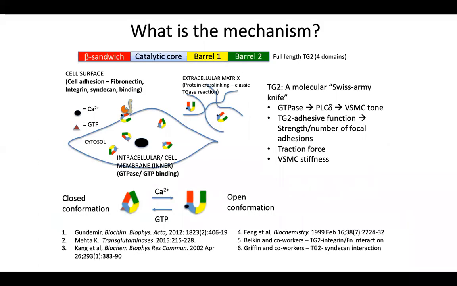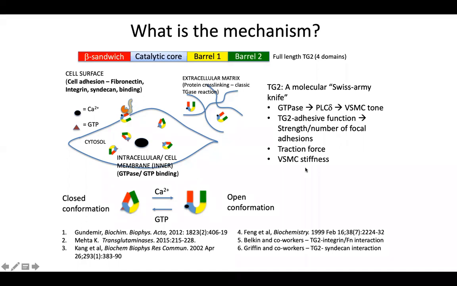So then the question is, what is the mechanism that accounts for this? While the cross-linking function of TG2 is the most important or well-characterized property of its activity, TG2 is actually often compared to a molecular Swiss Army knife, because it has multiple functions ascribed to it.